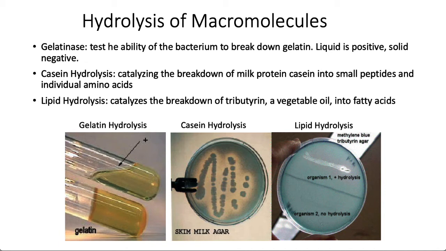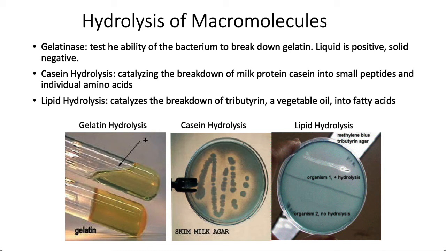Now, why is this important, or why is this indicative? If you think of a bacterium that is inside the human body, and we are going to talk about that when we talk about pathogenicity, a bacterium, if it needs to invade, needs to penetrate the human tissues.